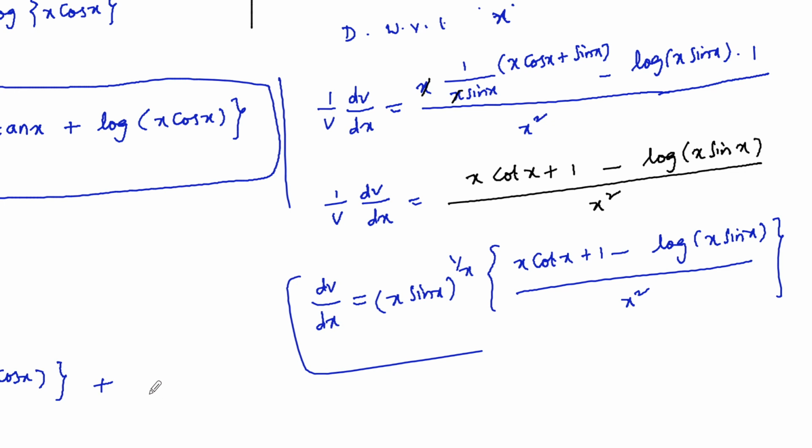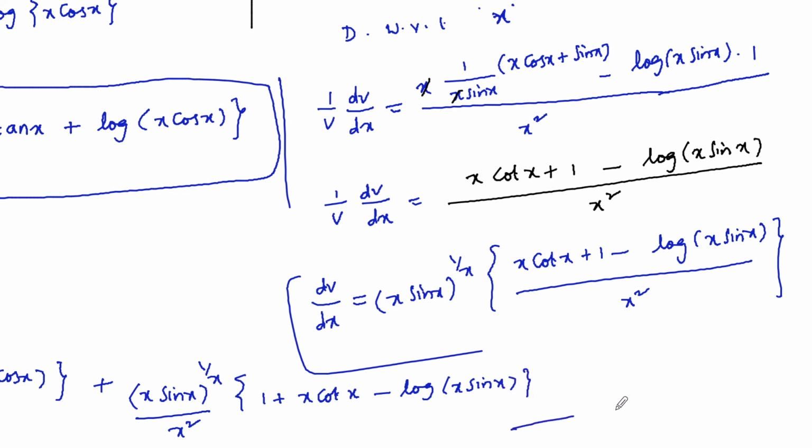The dv by dx value you can write as (x sin x) to the power of 1 by x into, upon x square, we can write here 1 plus x cot x minus log of x sin x. So this is the answer. Okay, thank you.